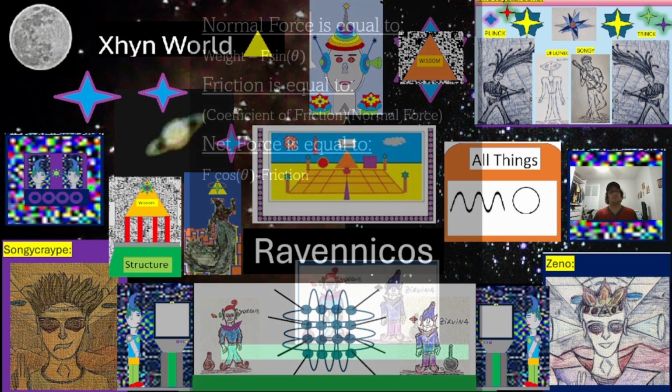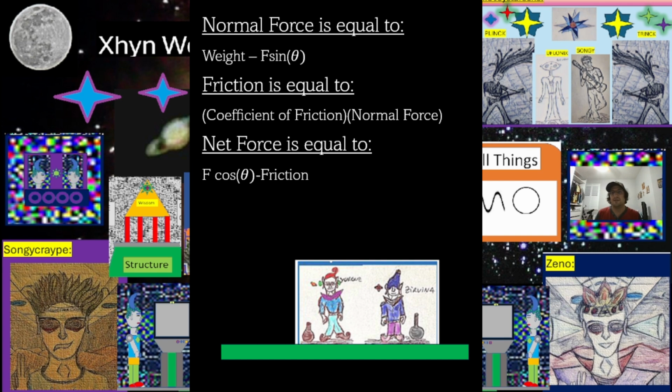Normal force is equal to the weight minus F sine of theta. Why sine? Because sine will give you the vertical component of the force in the same direction as the normal force. Friction is equal to the coefficient of friction times normal force. Coefficient of friction can be static or kinetic, depending.